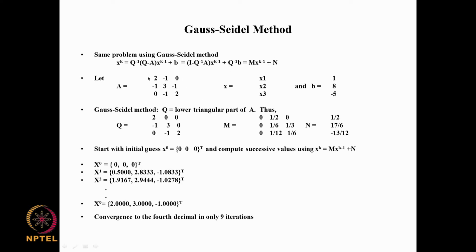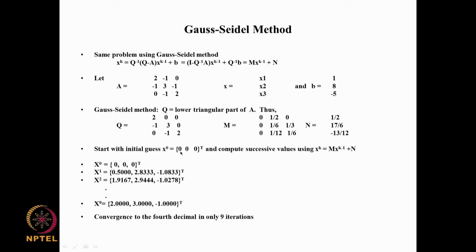For the same set of equations here, now Q is taken as all the elements which are on this main diagonal and below that. So, that is this one, 2 3 2 -1, and all the upper diagonal elements are 0, and this is 0 because this is 0 here, and we can substitute in this and we can get M and N to be like this.